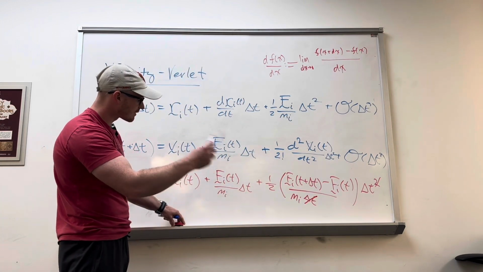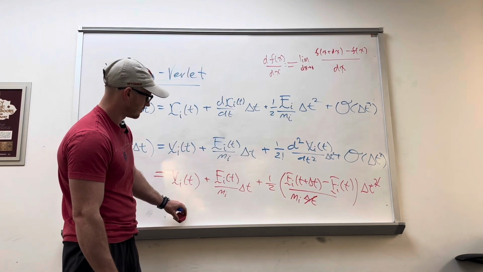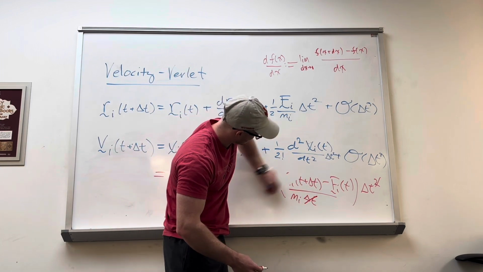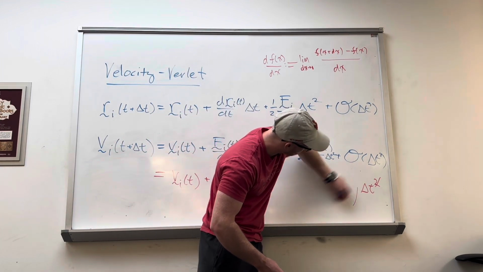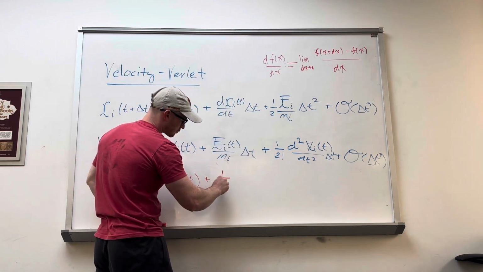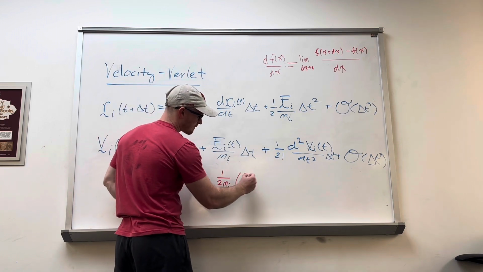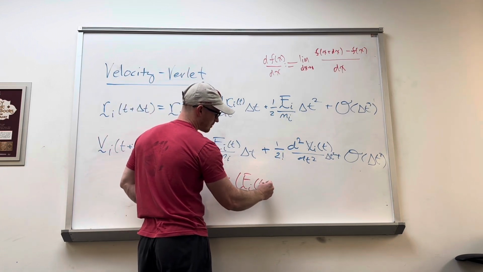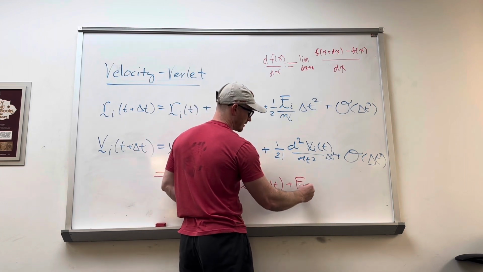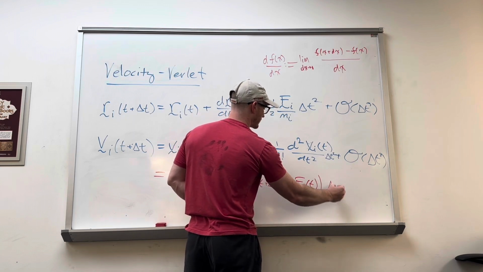So let's consolidate all these terms together. This is pretty simple algebra. What we're going to end up with is 1 over 2 mi times Fi at t plus delta t plus Fi at t, times delta t.